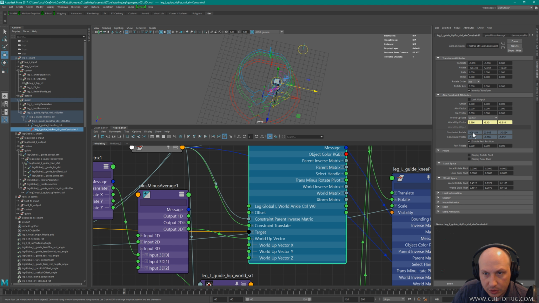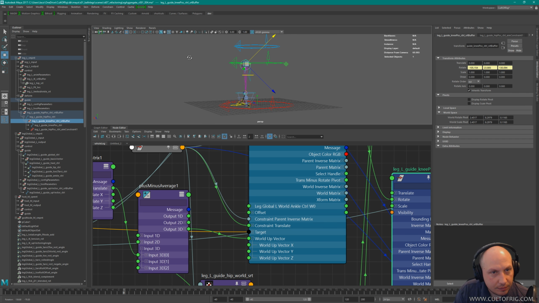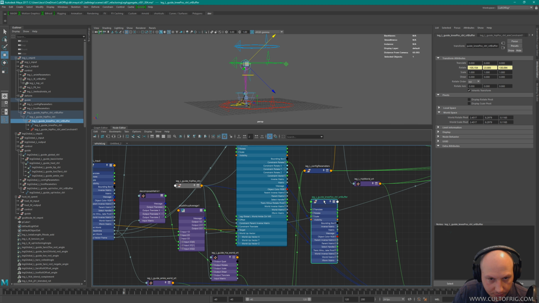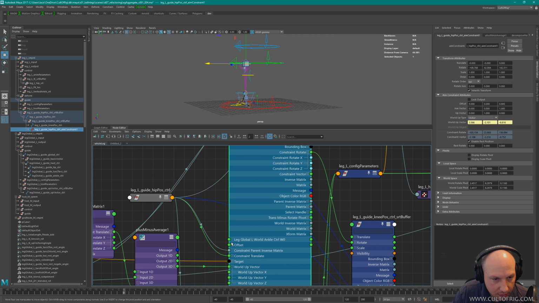Enable rest position, do not care for that. The rest rotate shouldn't really have an effect here. Yeah, in fact, it doesn't. Offset, where the vector.